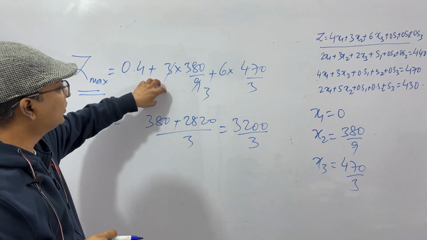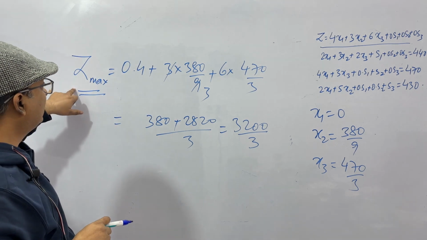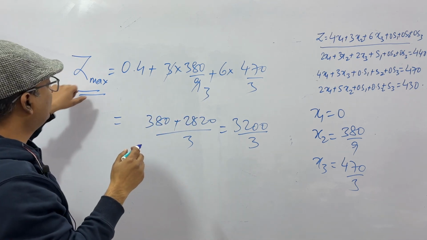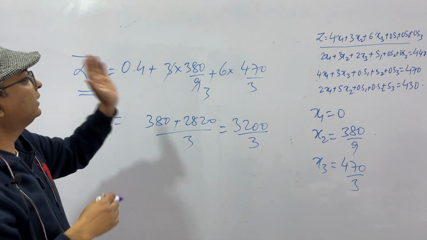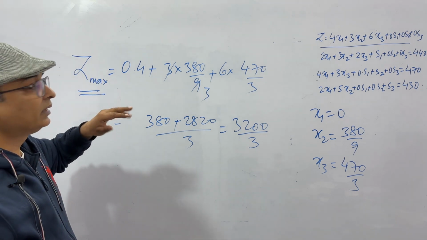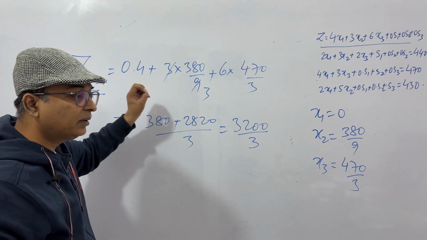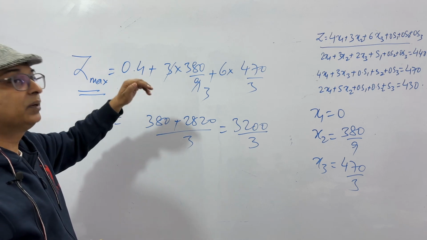Now the variable that has the key column will be incoming, and the variable that has the key row will be outgoing. So we'll bring that variable into the basic variables and exit the outgoing variable. Then repeat the process. How? First of all, we'll make the key element equal to 1, by multiplying the row by 1 by the key element.